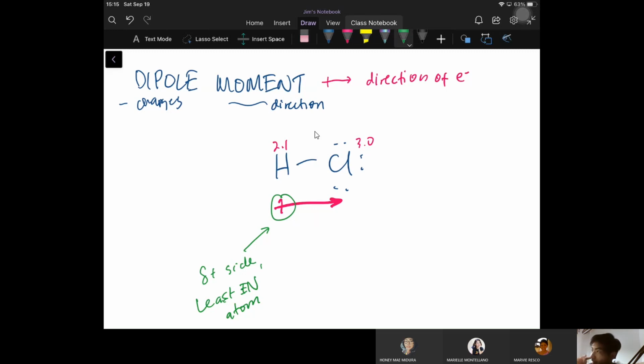Okay. So, balik tayo dito sa dipole moment. Kung mapapansin nyo, our dipole arrow, dalawang parts yan. You have the positive symbol here. Yung positive symbol na yon corresponds to the partial positive side of the bond. Yung Cl, siya yung mas electronegative, so it will bear the partial negative charge.